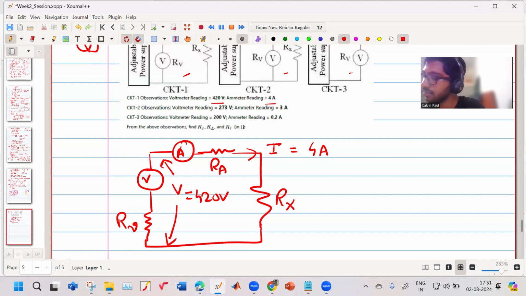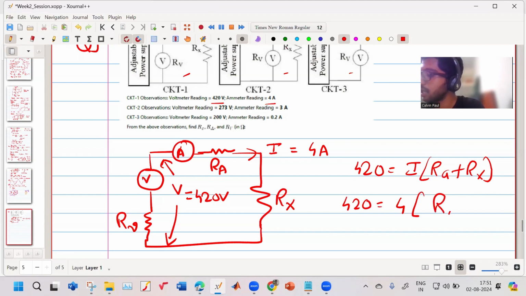So now what can I write? 420 is equal to I into RA plus Rx. So 420 is equal to 4 into RA plus Rx. So what is 420 divided by 4?